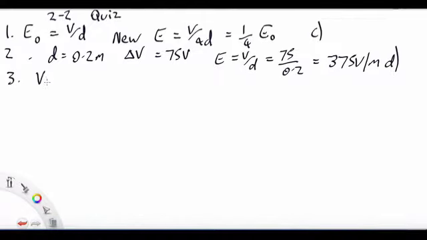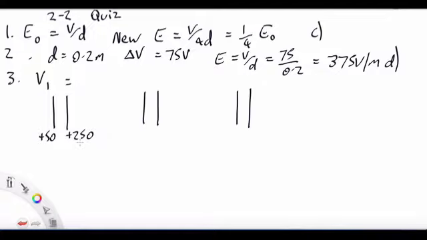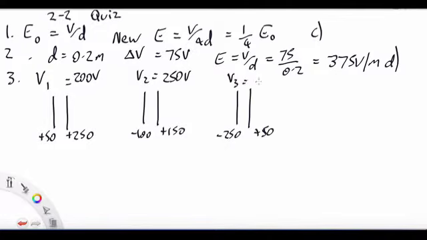3, we have 3 different sets of plates, equal distance. We have plus 50 to plus 250, which gives us a potential difference of 200. We have minus 100 to plus 150, which gives us 250 volts potential difference, and minus 250 to plus 50 gives us 300 volts potential difference.